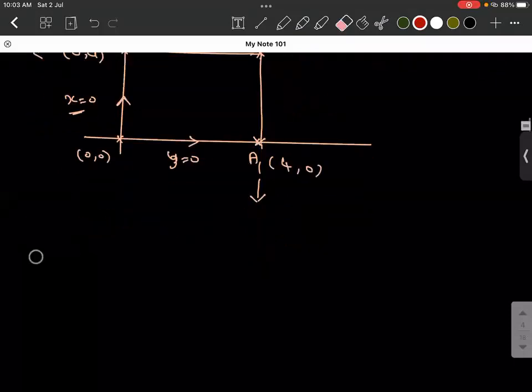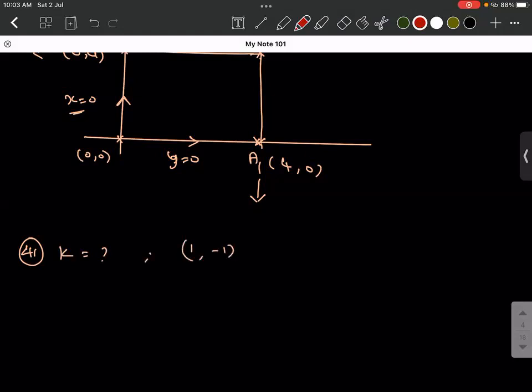Tell me. Find the value of K. Simple, no? So 3 plus K is it? So K is equal to 5.